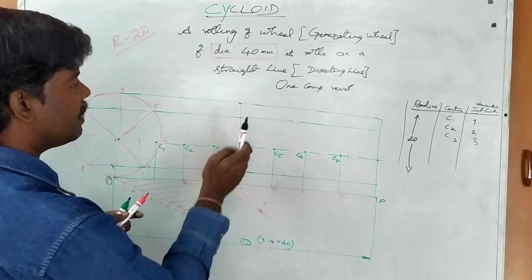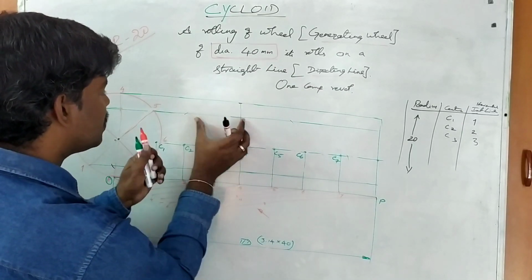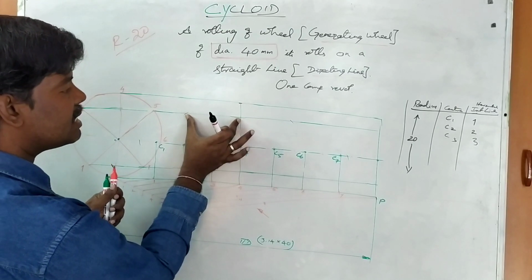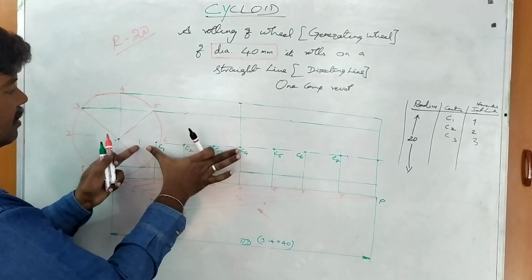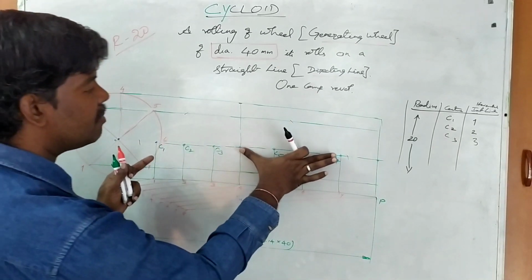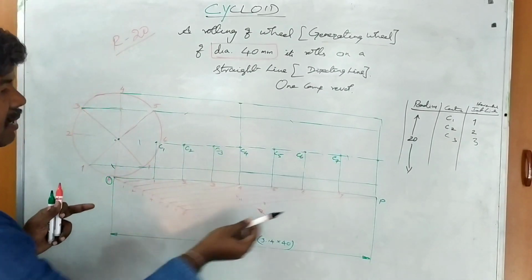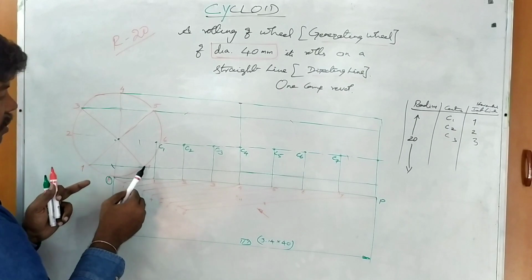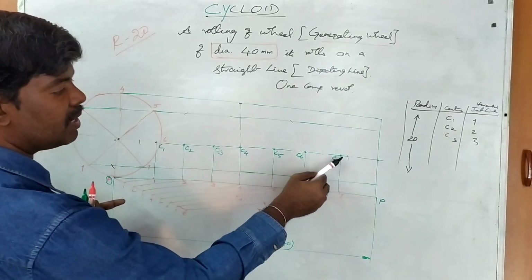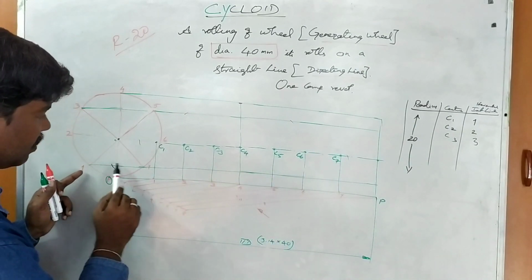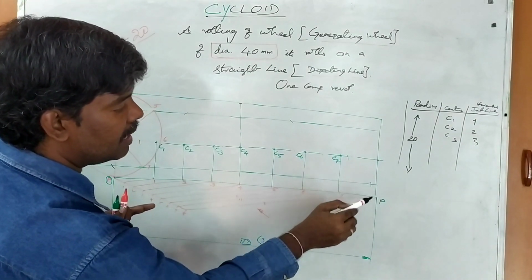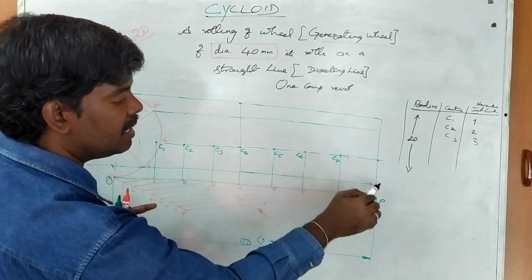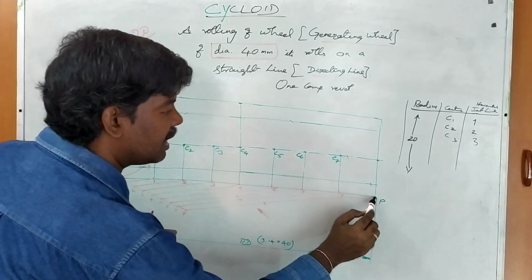And one more thing: from the middle, however much distance there is on the left side, the same distance is there on the right side also. So for this arc, from the center, however much distance there is, the same distance is here also. And one more, C4 as the center, intersect an arc on number 1, 7, from here to here it cuts. And last, C8 or CP, it intersects the arc on P exactly here.